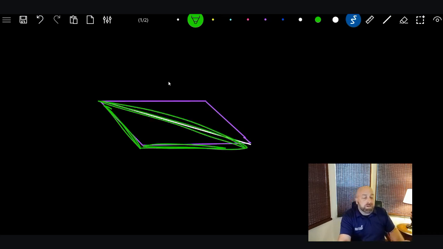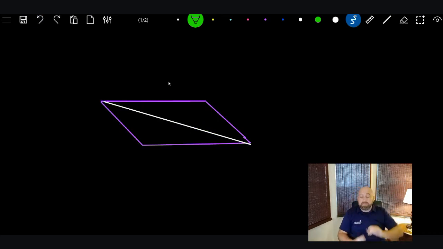See, I cut it into two triangles. I have one on the top and one on the bottom. They're carbon copies of each other. They are the same thing. They are congruent, and that's corollary 19.2 that tells us that. And you could do this one too. We have another diagonal that goes this way, and these ones would be congruent.